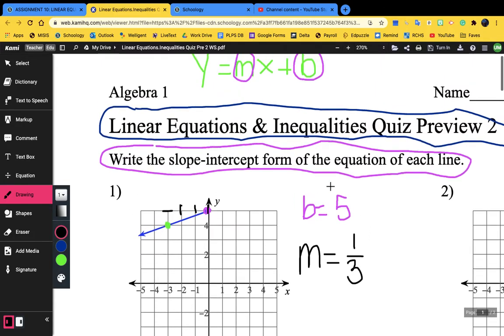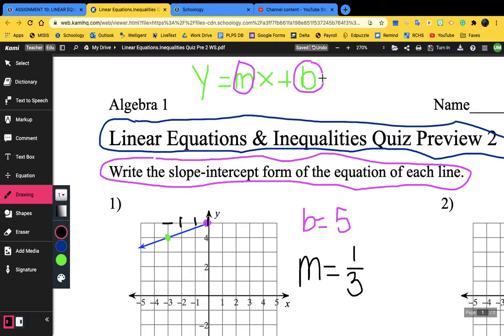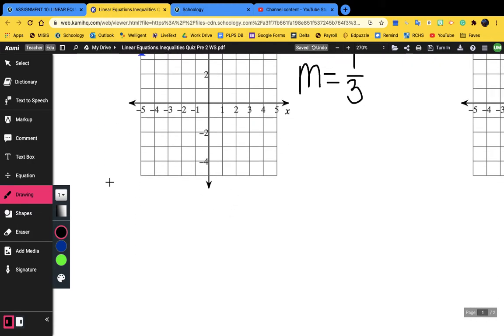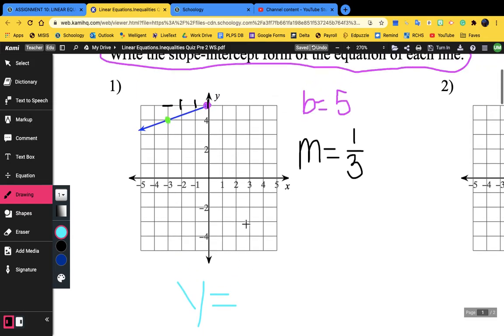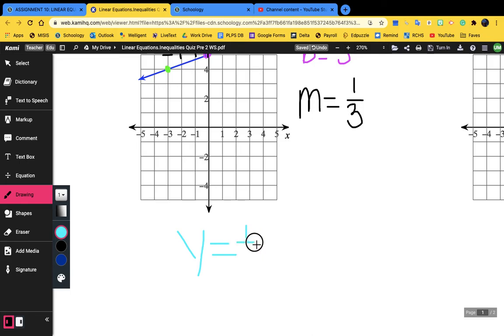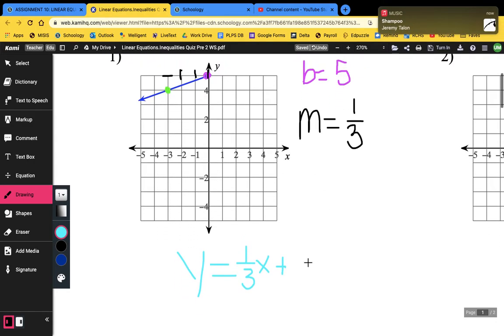So now that I have my b and I have my m, I can write my equation. Y equals m, but instead of writing m, I'm going to write 1 over 3 x plus my b, which is 5.